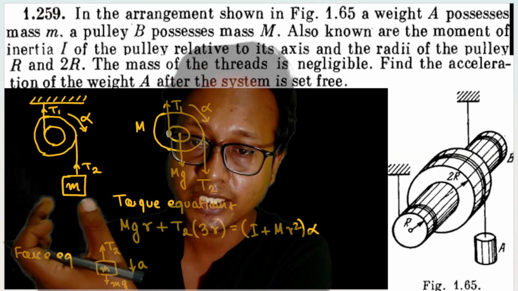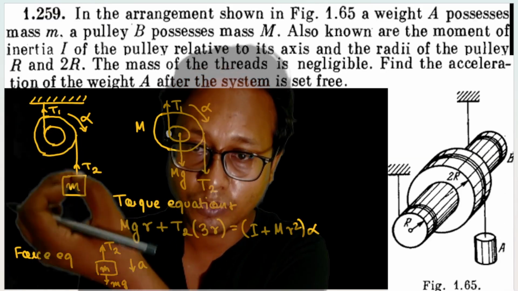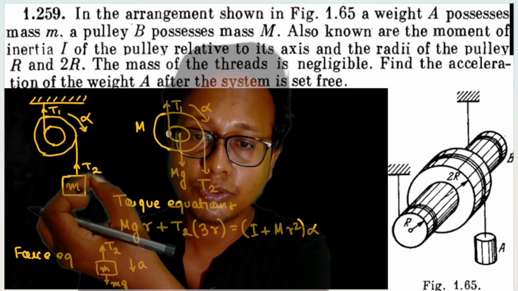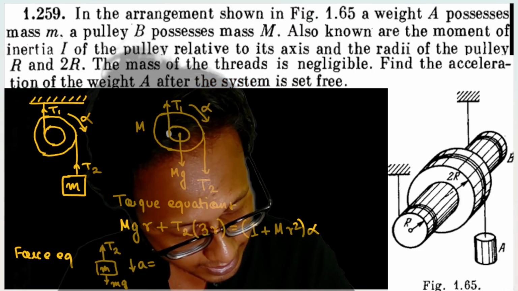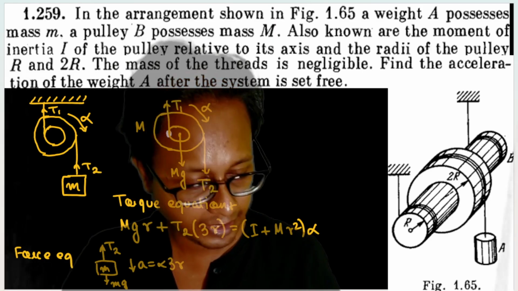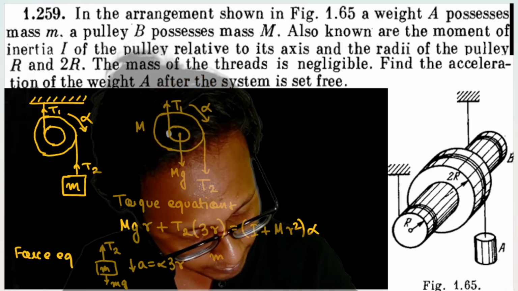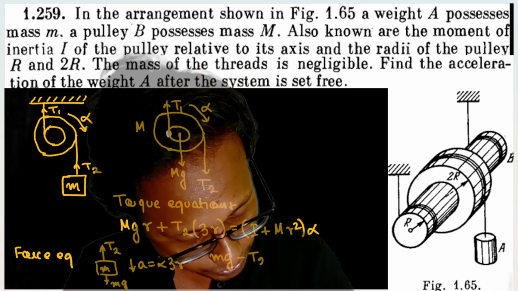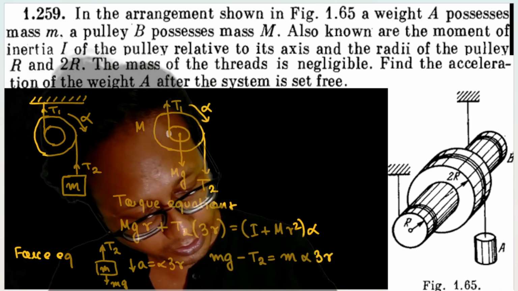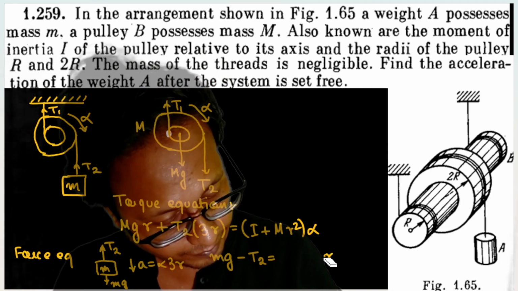If this point comes down with acceleration alpha into 3r, this will also have the acceleration alpha into 3r. Understood this much? So my force equation becomes mg minus T2 equals m alpha into 3r, or 3m alpha r. Let me write this neatly.